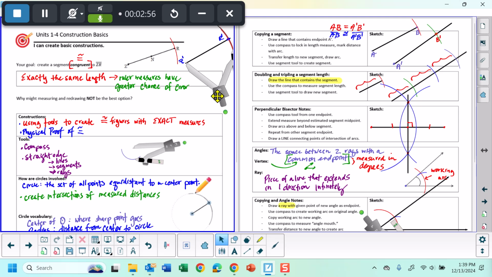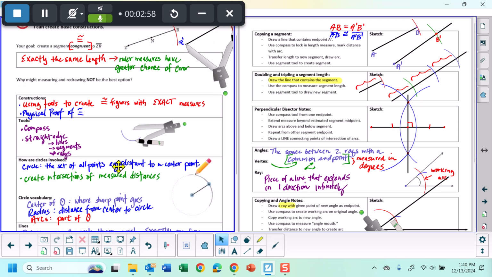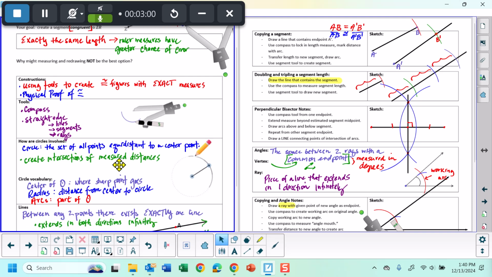The tools that we use for constructions are our compass and our straight edges, and with the straight edges we draw lines, segments, and rays. The interesting part about this is looking at this idea of the circle. And I love it when we think about a circle as nothing other than that path that goes around a point, equidistant from that point at all different places. Everybody thinks of the circle as including the inside and the center.